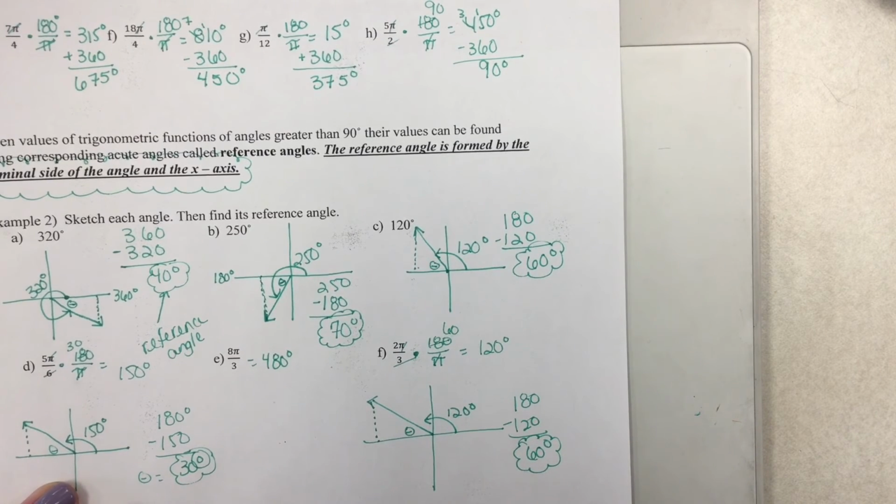And since that is less than 90, it's in the first quadrant, 75 is also my reference angle. That's when you do not need to subtract from 360. You would actually be subtracting from 0, and you would get the exact same angle measurement. Okay? Any overall questions over that?